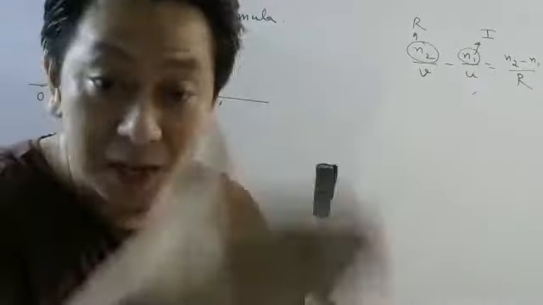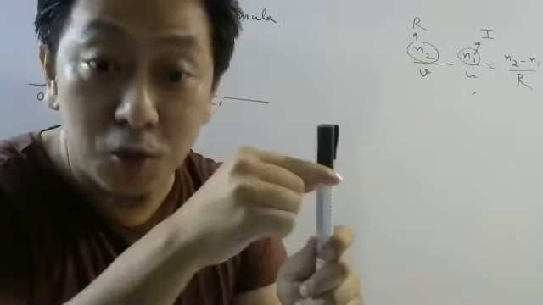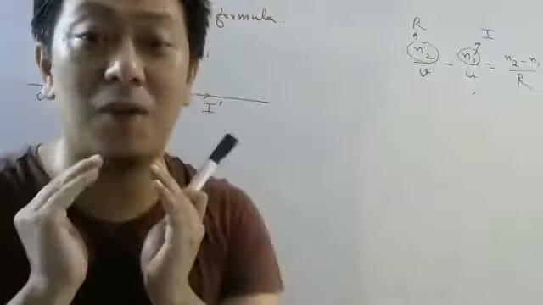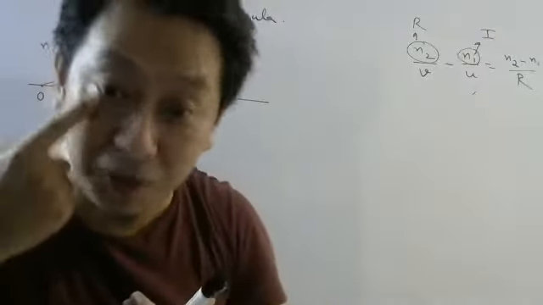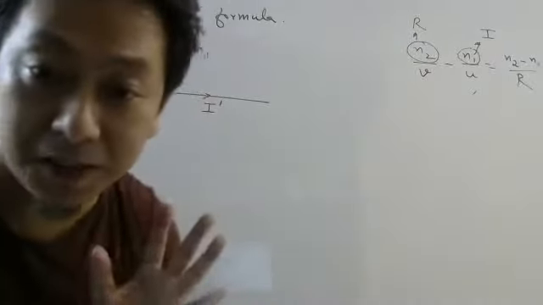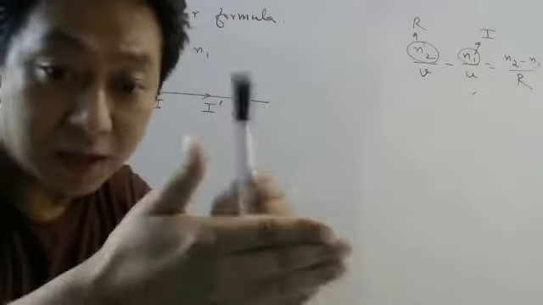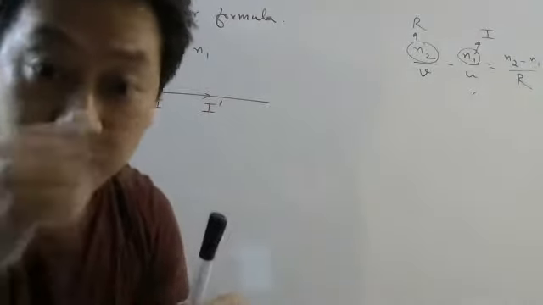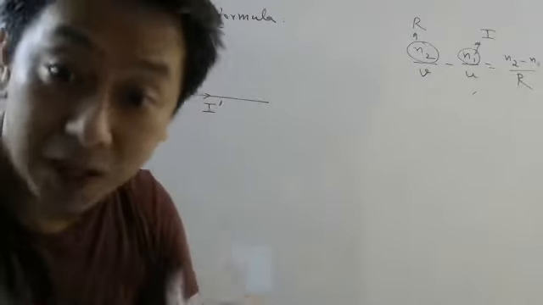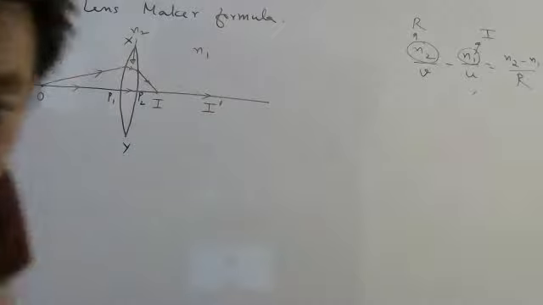The image made by the first event, here reflection, will become the object for the second one, which in this case was refraction. When I look at the marker in the mirror, the marker is not the object now. The image in the mirror becomes the object for my eyes. Rakshita, clear? Okay, fine.